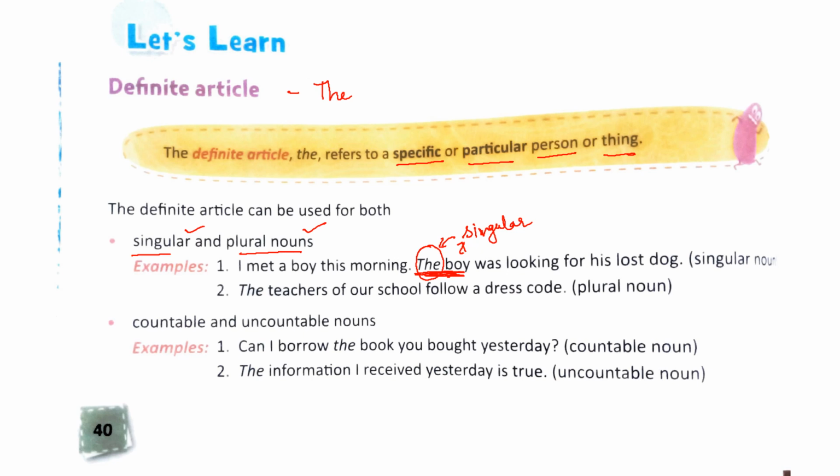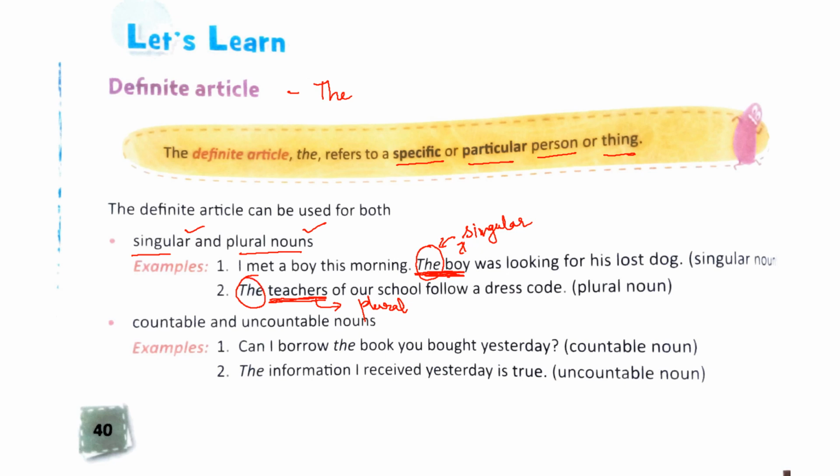The second one: "The teachers of our school follow a dress code." Here the article the has been placed before the noun teachers, and this is plural. So you can also place the before plural nouns.